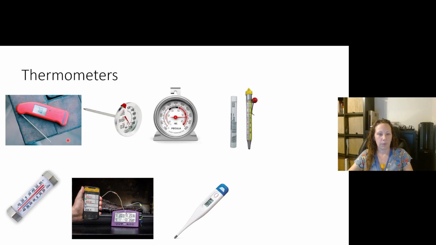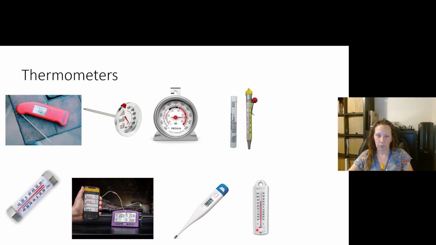So then we have a body temperature thermometer, right? That's not going to be useful for cooking at all because once it gets above like 107 or so, it's going to just give you an error and say, nope, there's something wrong. This is not what I meant to measure. Okay.